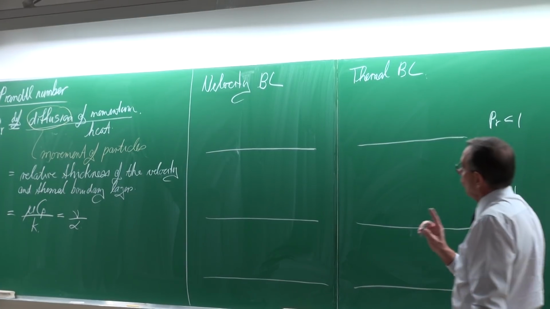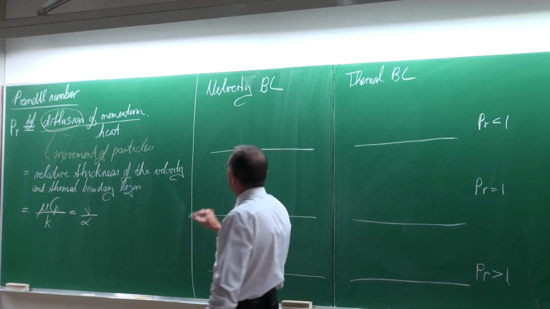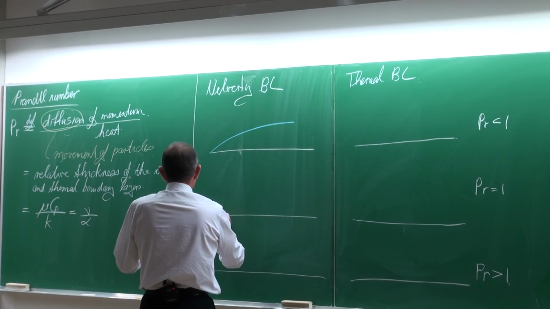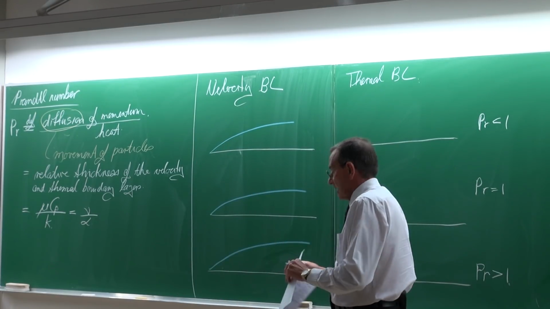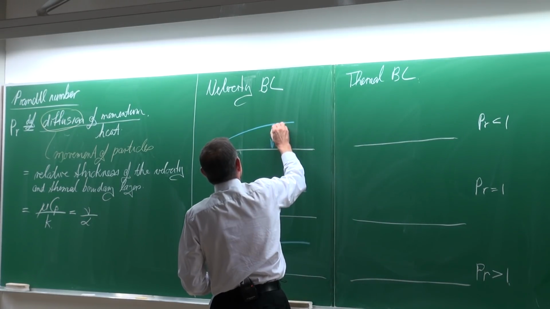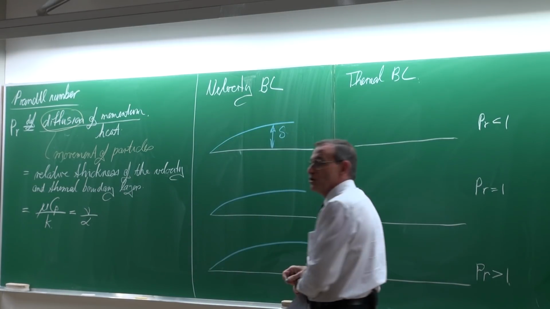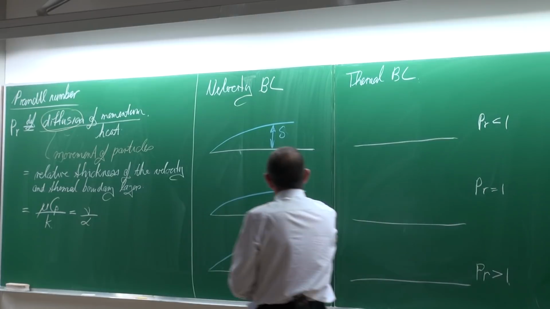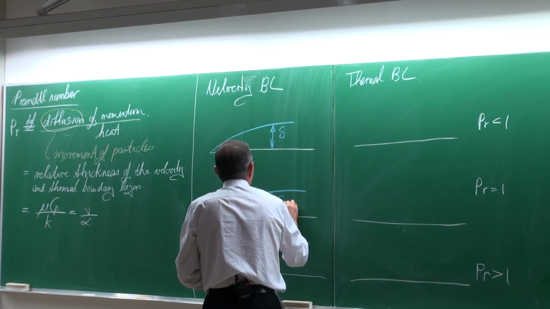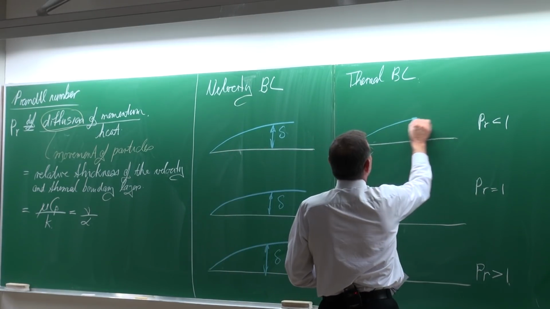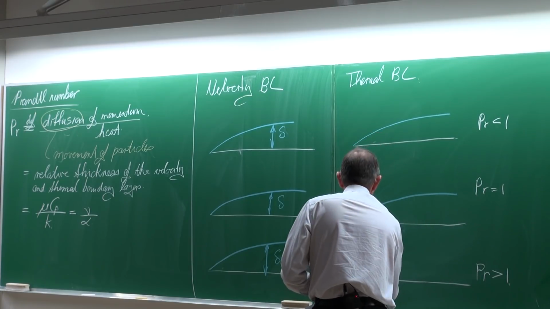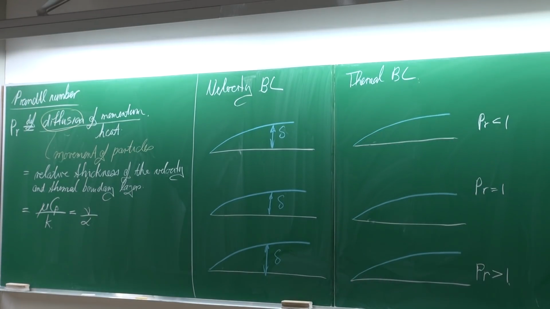Now I'm going to do it a lot. The velocity boundary layer I'm going to indicate in blue. So let's show a typical velocity boundary layer. And as I've explained previously, that is the boundary layer thickness, delta. So all of them would be delta. And I'm going to put the same velocity boundary layers there in blue to indicate them. But now I'm also going to put in the thermal boundary layer.